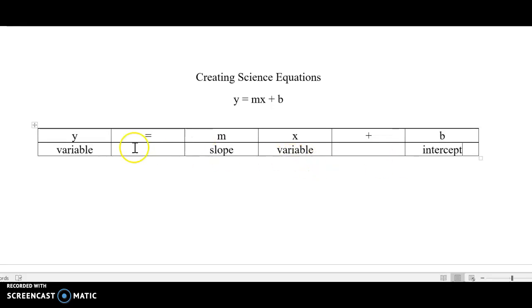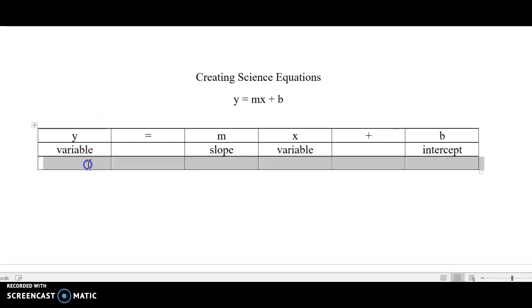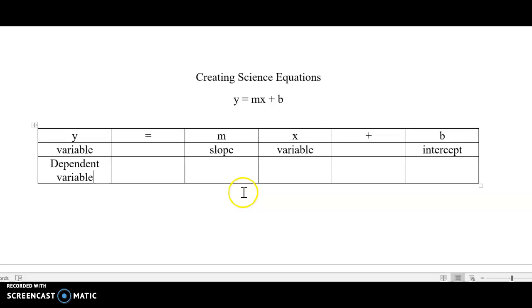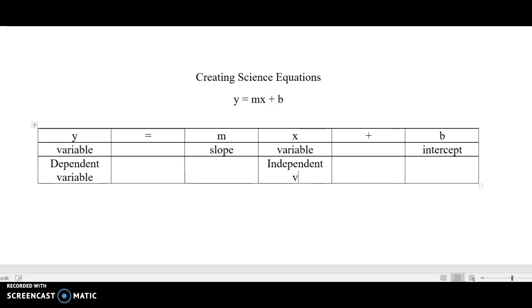Now this is when we see the equation in the math class. In science, we're slightly more specific, and we say that y is our dependent variable, and that x is our independent variable. M is still the slope.